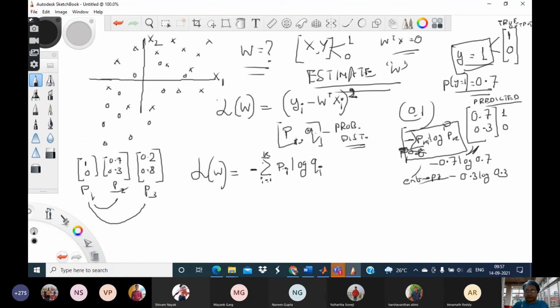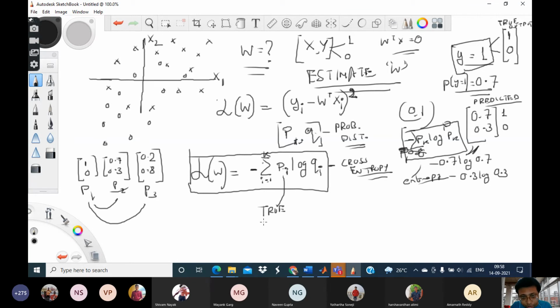So this is entropy, this is cross entropy. In this case, my loss function is defined as the cross entropy loss function between the true distribution and the predicted distribution. So pi is the true distribution, and qi is the predicted distribution.